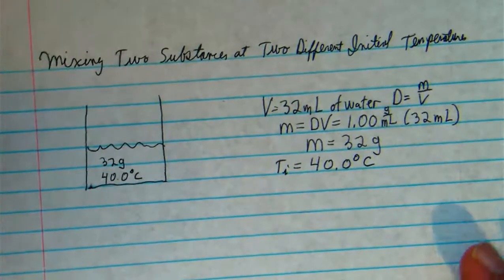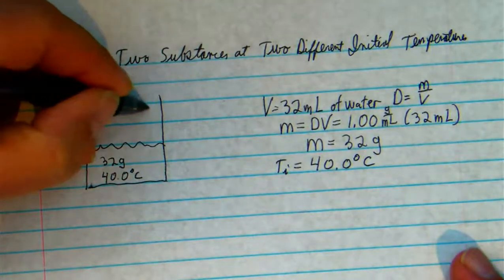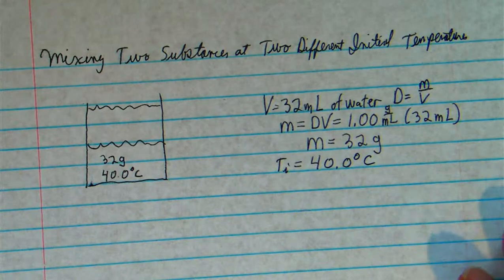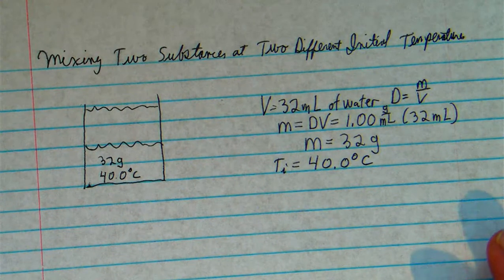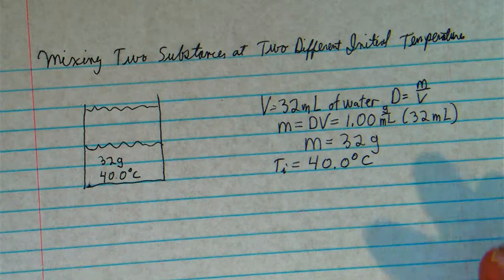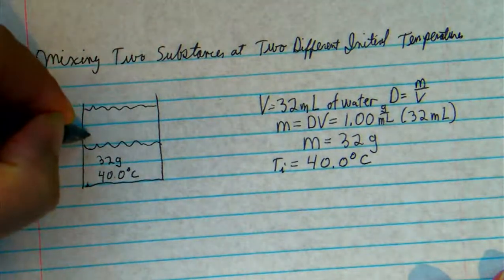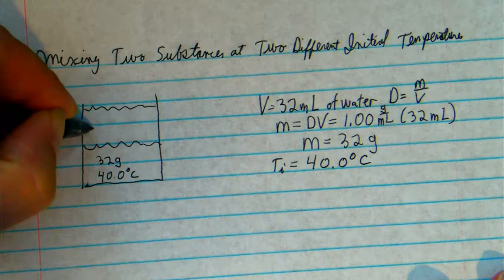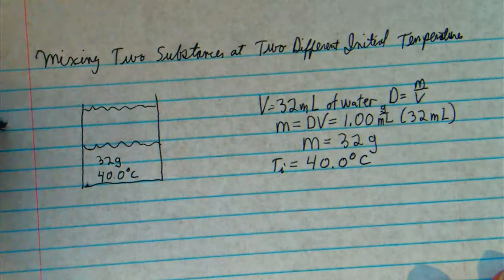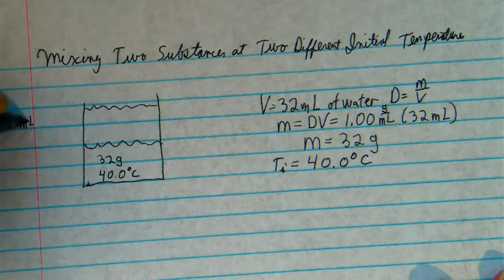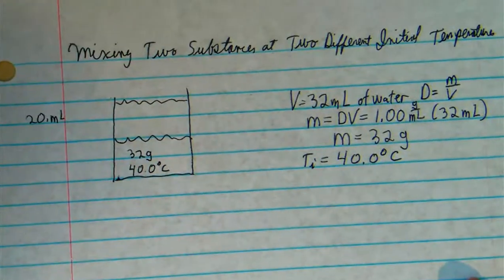And now I'm going to add some more water. How much water am I adding, Giselle? Oh, you guys are not doing a lot of water. Okay, so this water is 20 milliliters. I remind you that the density of water is 1 gram per milliliter.